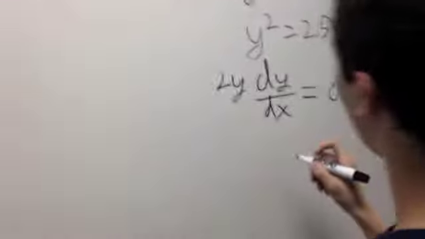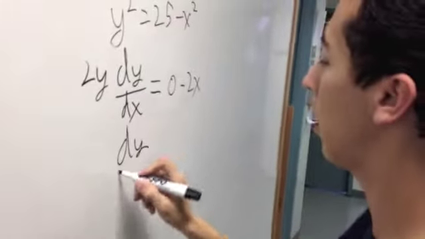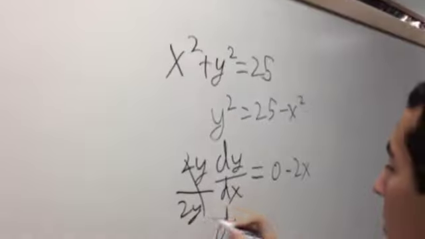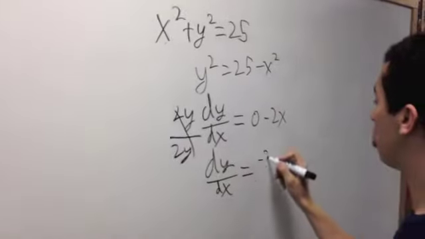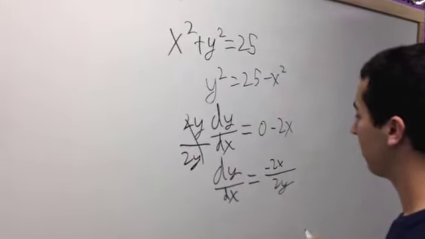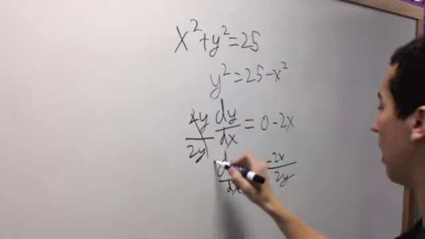So now what we're going to do is we're going to divide by 2y. So we're going to get dy over dx. Because remember, this is over 2y, so this cancels out. You're going to get negative 2x over 2y. So now this is your finalized dy/dx.